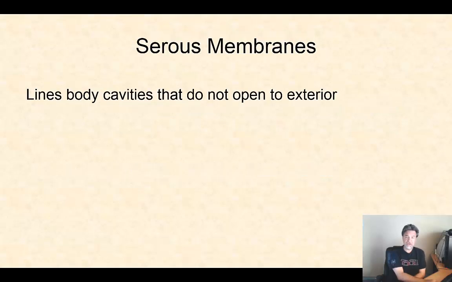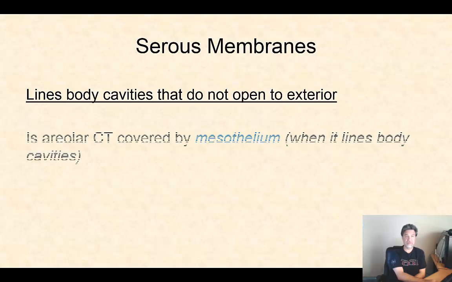Serous membranes will, in opposition to mucous membranes, line cavities that do not open to the external environment, like your pericardial cavity, your pleural cavity, and your peritoneal cavity. Now, here we have an overlying layer of epithelial tissue called the mesothelium.